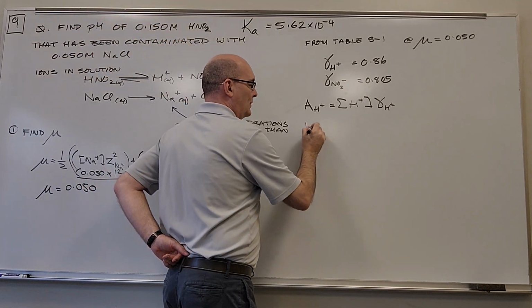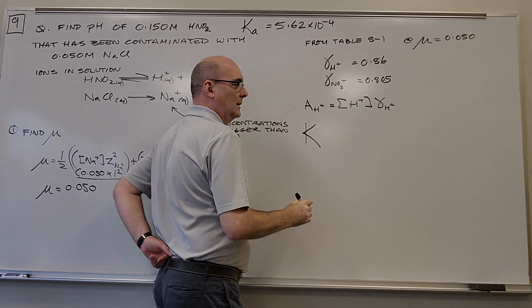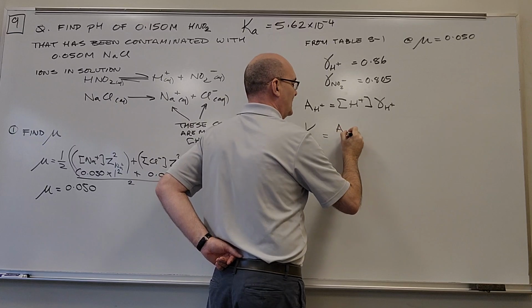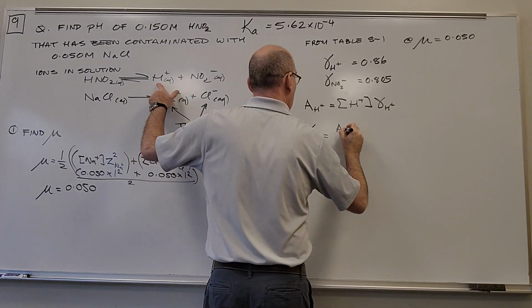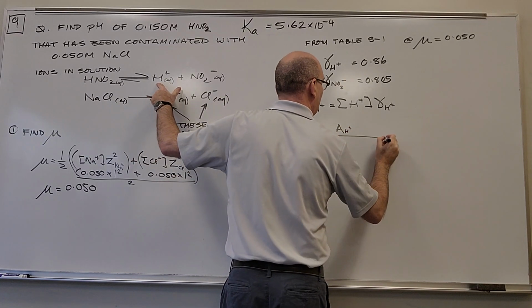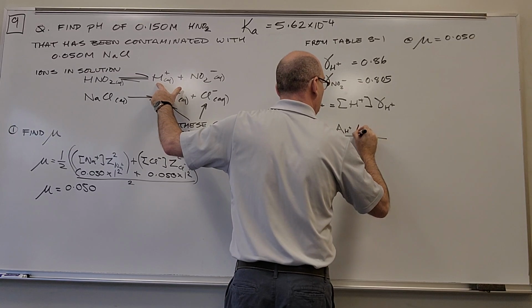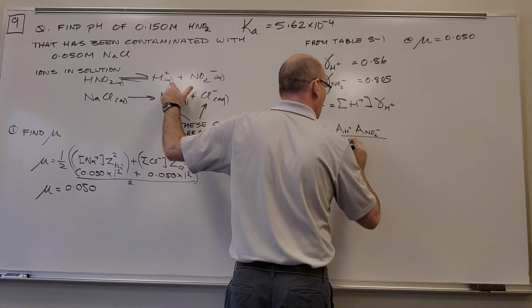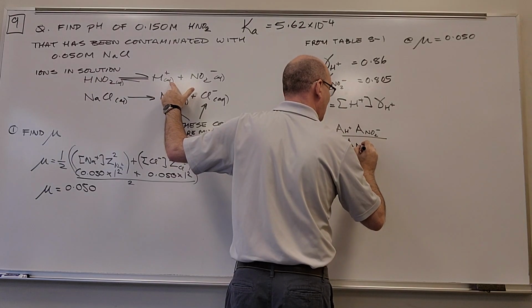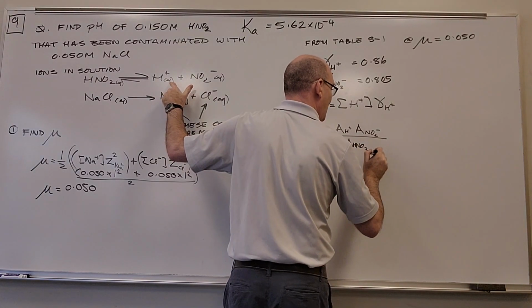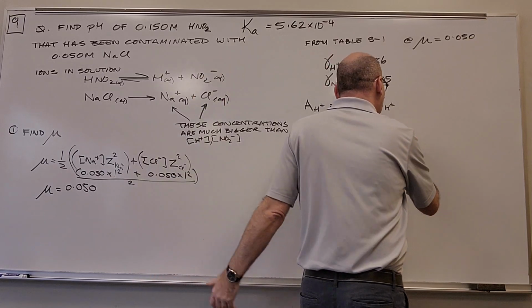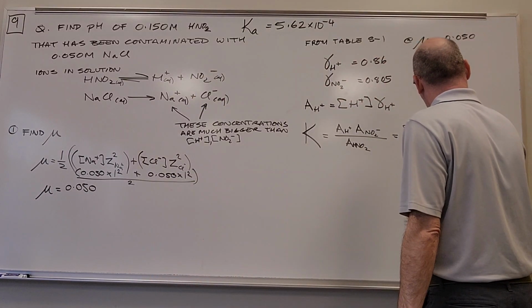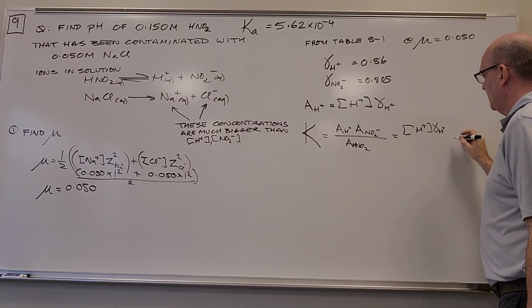And we're going to use those in the value of K. So K is the activity of H plus multiplied by the activity of nitrite, all divided by the activity of HNO2, which is equal to the concentrations modified by the activity coefficient.